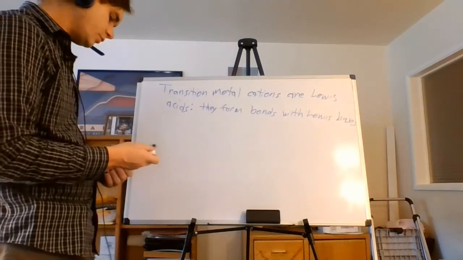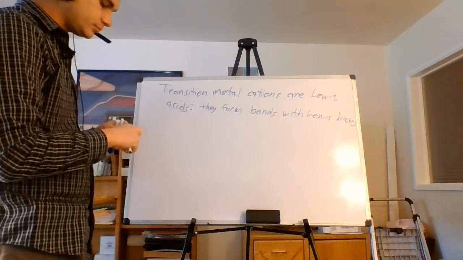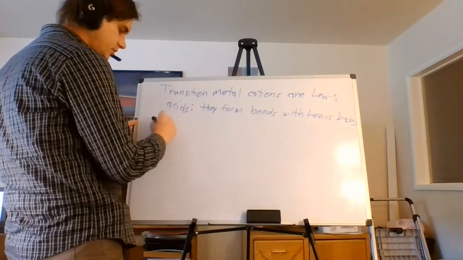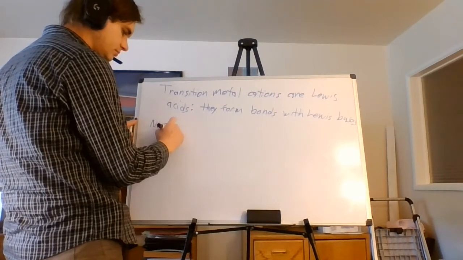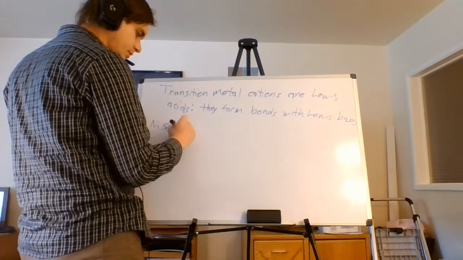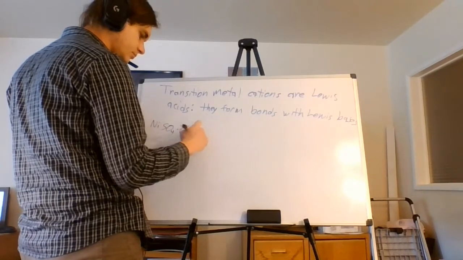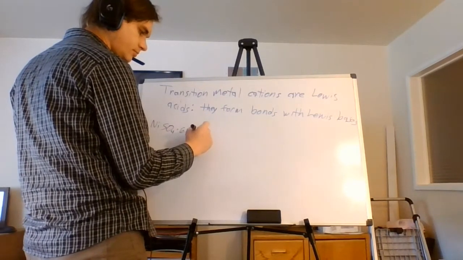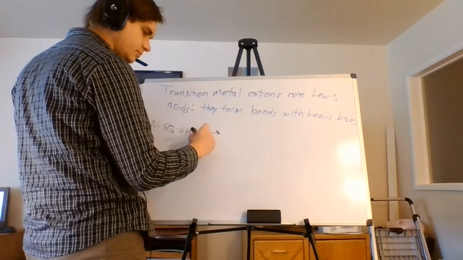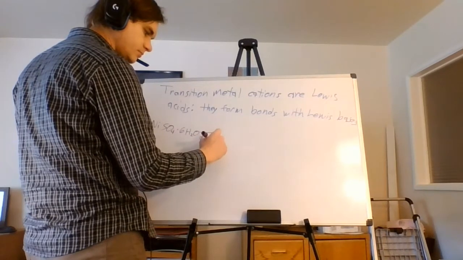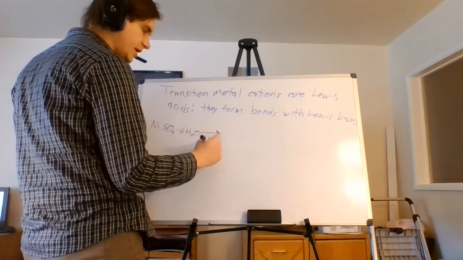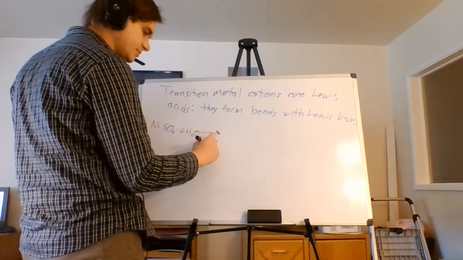But essentially, we're going to start out with nickel 2 sulfate hexahydrate. We're going to dissolve it in water. Actually, we're going to dissolve it in sulfuric acid, but let's just pretend that it's just water.